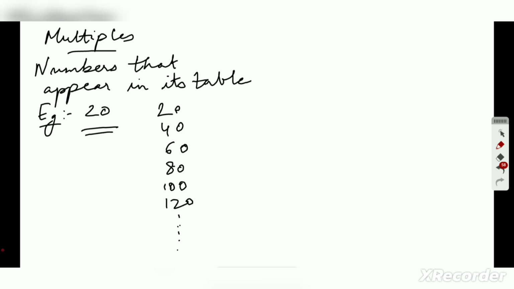So what are the points to be remembered about multiples? Multiples are always infinite. Because we have infinite numbers, you need to multiply the given number with the infinite numbers to get all the multiples.